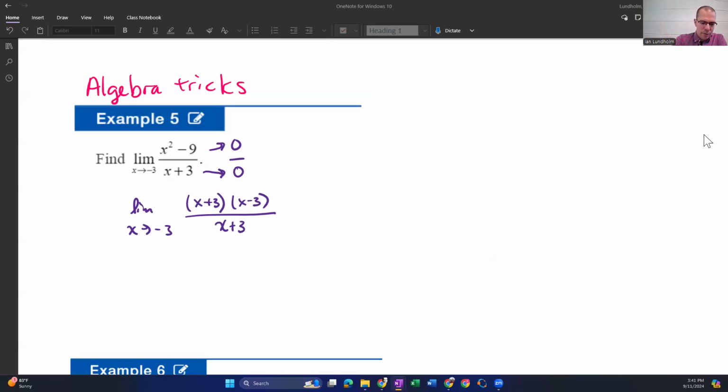But yeah, now we have a repeated factor on top and bottom. This x plus 3 can cancel out with that x plus 3, and we would be left with the same thing as 1 over 1. That means that we're looking at the limit as x goes to -3 of x minus 3, and then plugging in -3 gets us to -6 as a result.